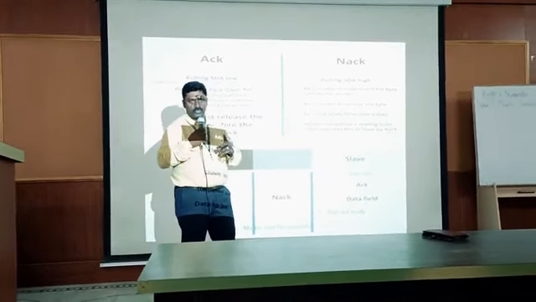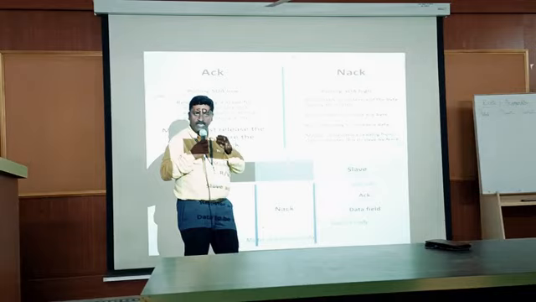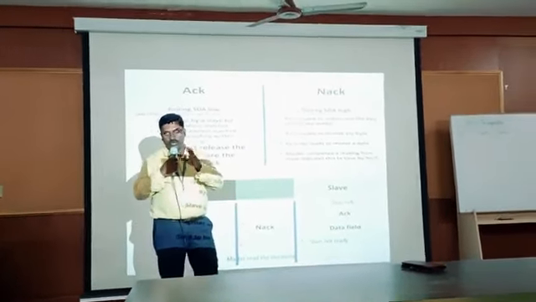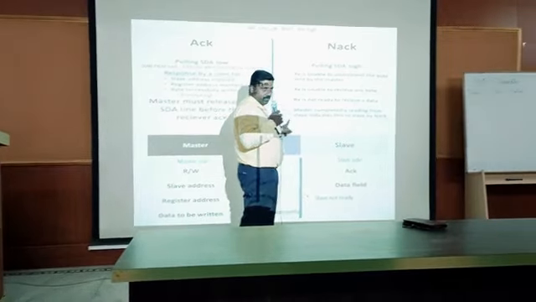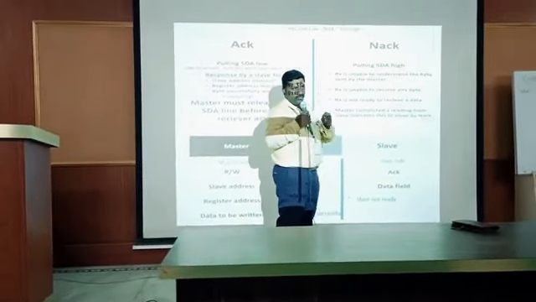For the not acknowledgement signal, the slave is not able to receive or understand the data, or it is not ready, so it will send a not acknowledgement signal. The only thing is, the master will send not acknowledgement to the slave once it has successfully read the data from the slave. This is how it is.